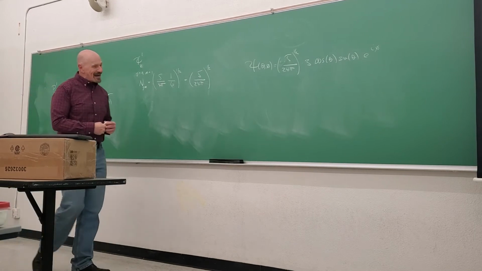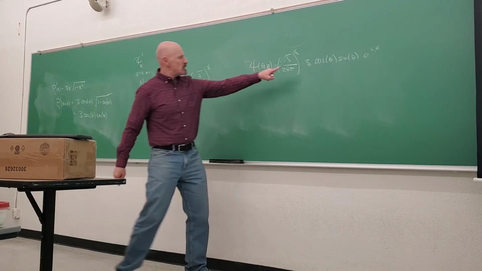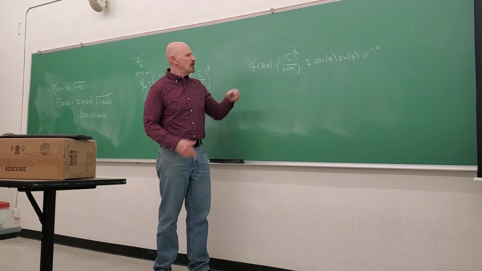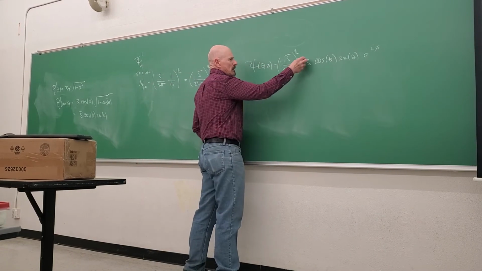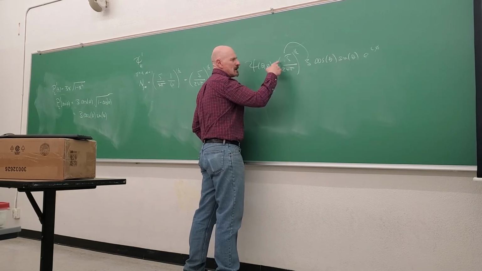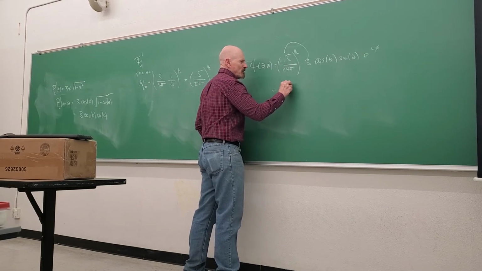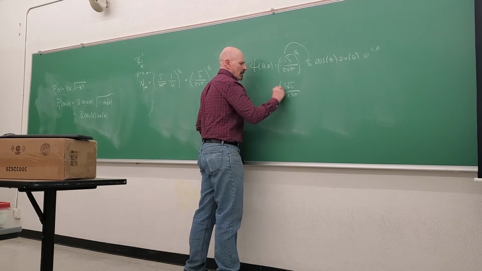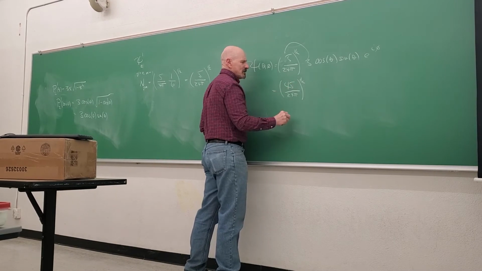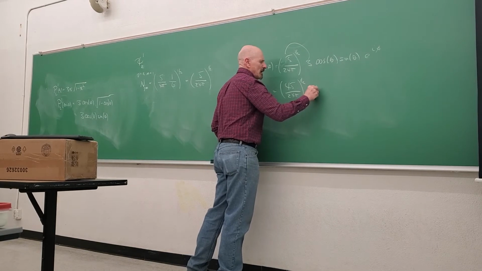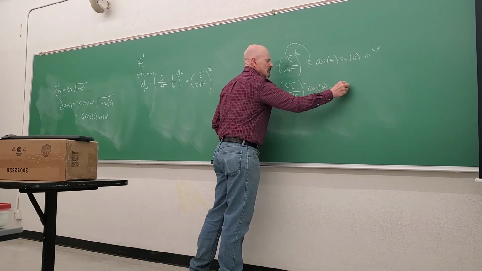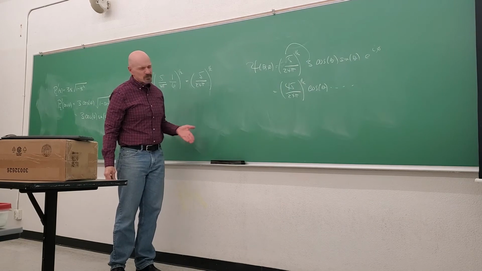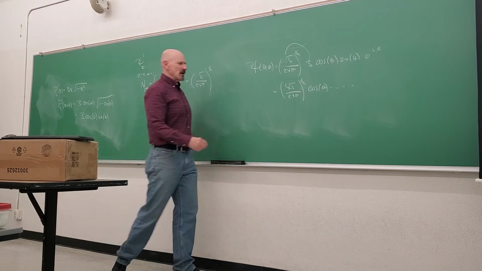Okay. Now what I can do, I have this 3 here. I can bring it into here. And so this can be brought in, it'll be 9 times 5 is 45 over 24 pi to the 1/2. And then I have my cosine theta and the rest. Well, 45 over 24, if I divide that by 3, it comes to 15 over 8 or something like that.